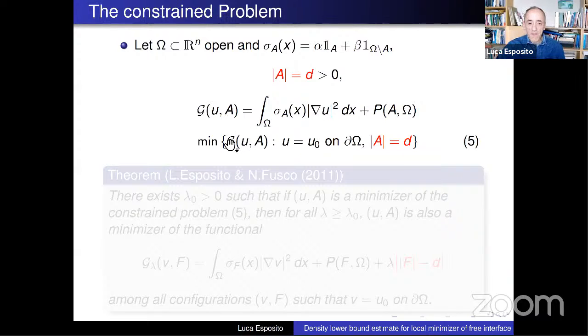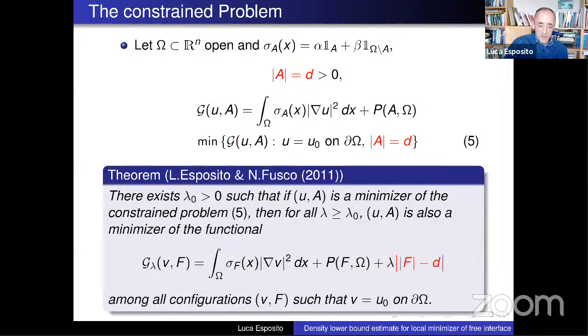If you minimize this functional under the assumption that the measure of A is fixed, then you have some problem because you can't take any competitors to prove the regularity, and this is a problem.